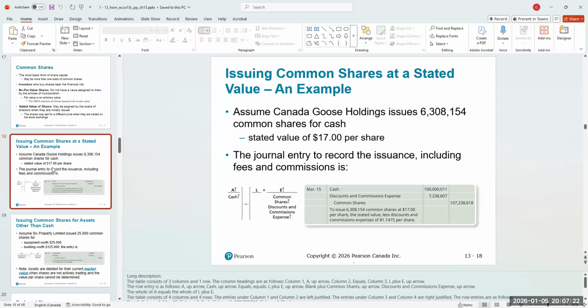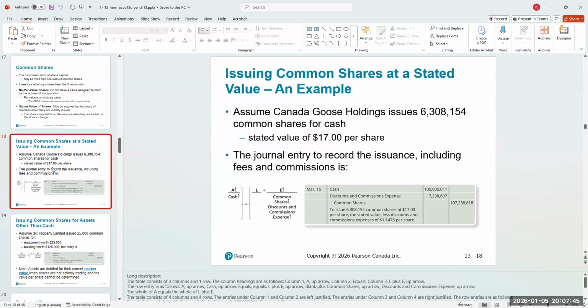The company has to pay some discounts and commission expenses related to issuing the shares. And the shareholders are going to have common share capital of $107,238,618.